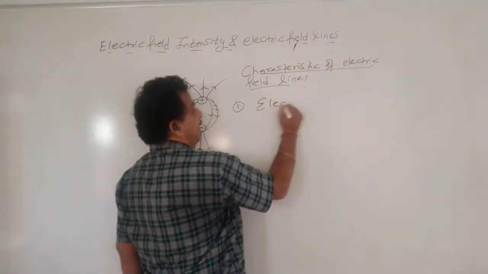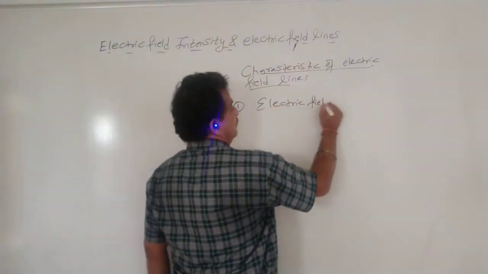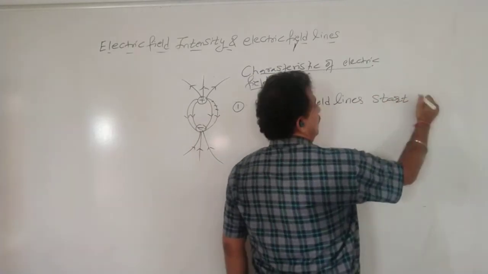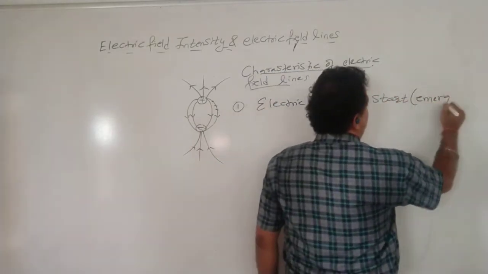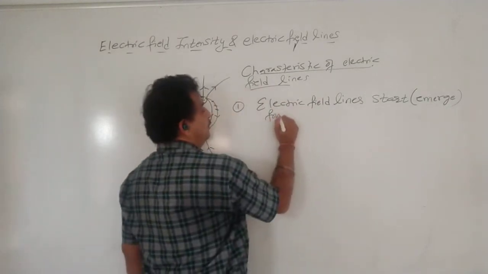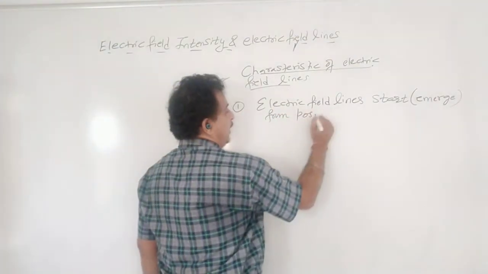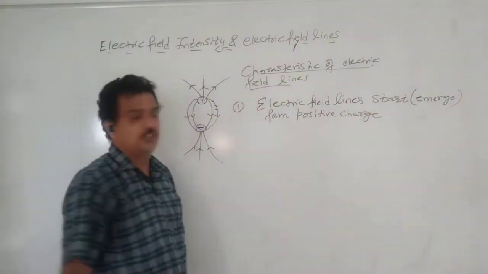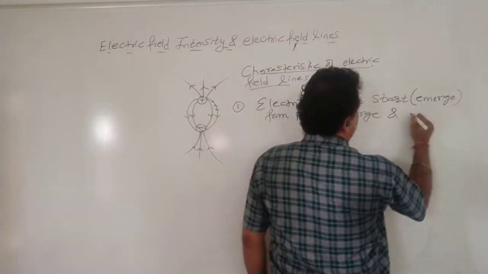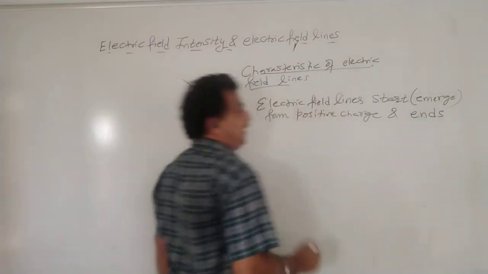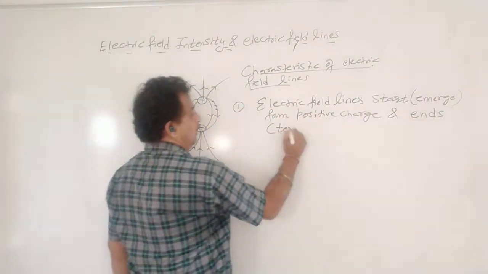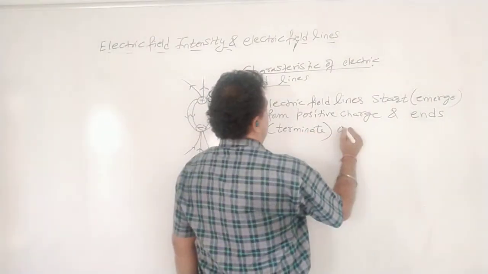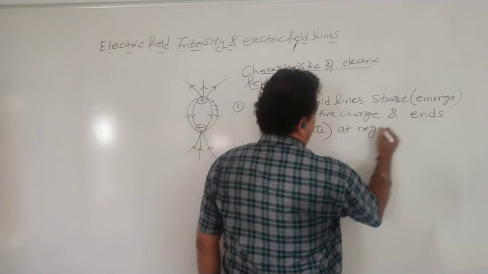So electric field lines start, or we can say emerge from positive charge. So it should be positive. Electric field lines start or emerge from positive charge and ends or terminate at negative charge.